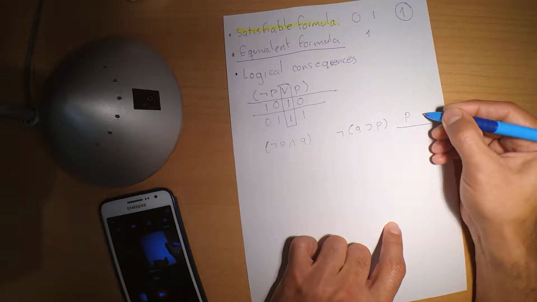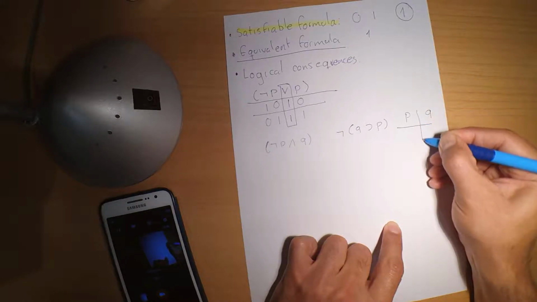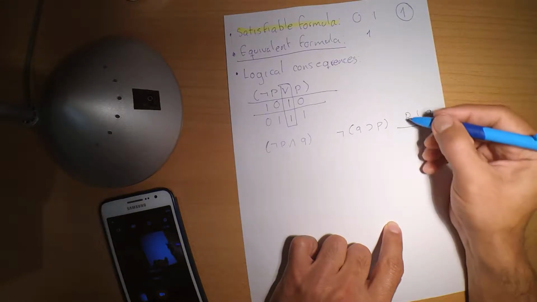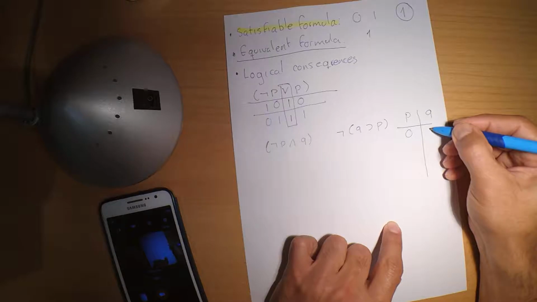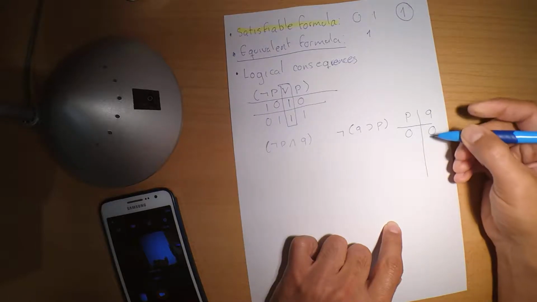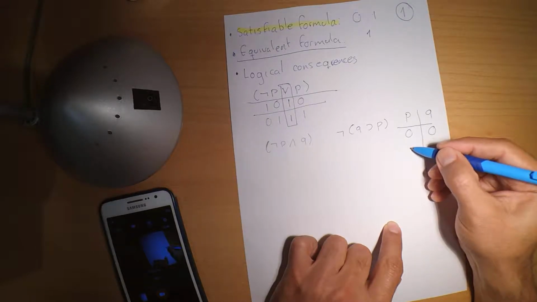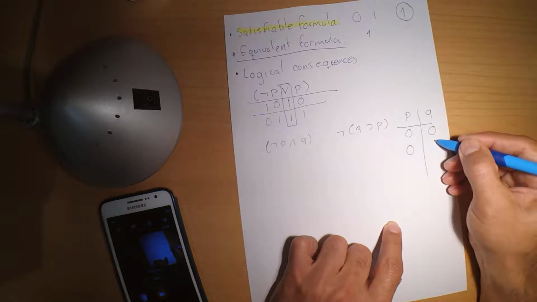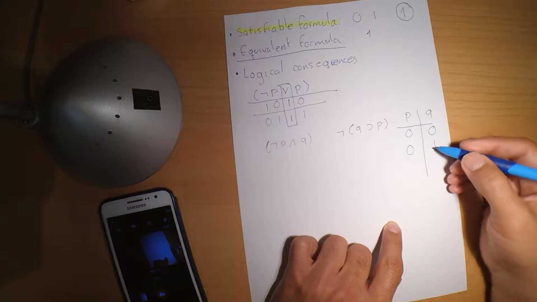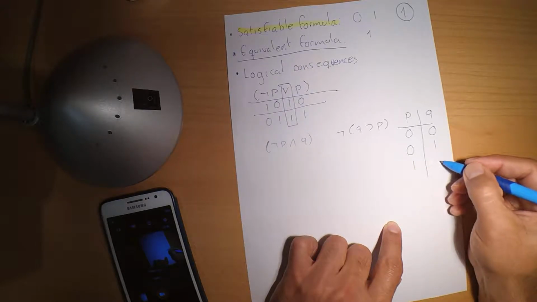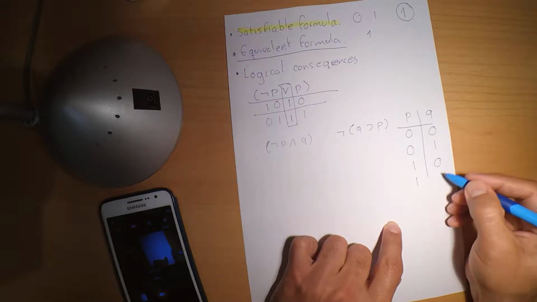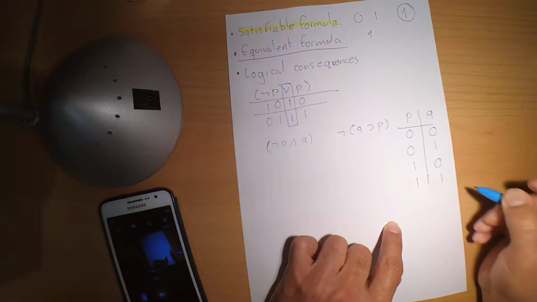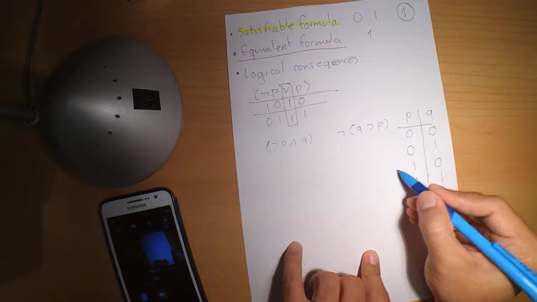If we put here the P and the Q, let's start with the true value. If here is 0, also here is going to be 0. We can repeat the 0 here, but here it is going to be twisted, mixed, so here is going to be 1. And also we can put the 1 and 0 and 1 and 1. Here are all the possible answers.